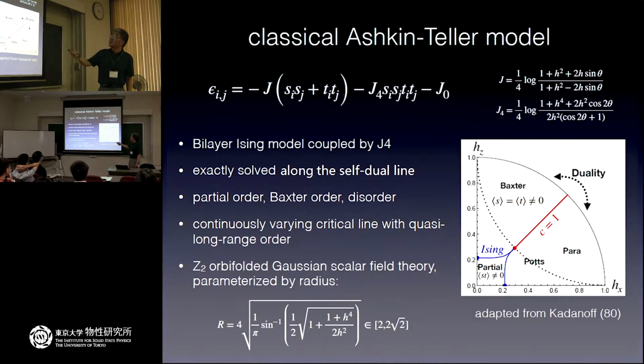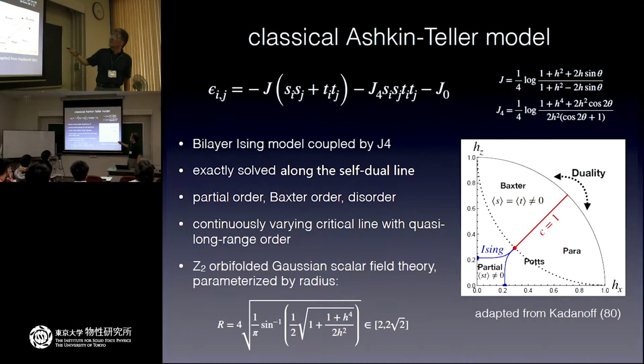Actually, you may look at this model as very simple, because it's just like a two-layer Ising model with interlayer coupling through these four-spin terms.